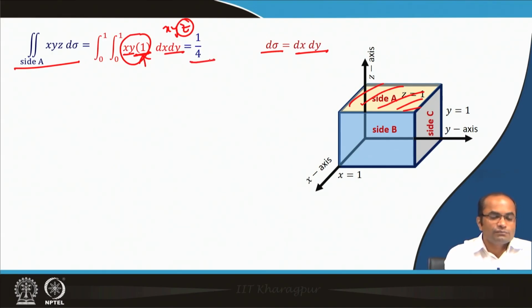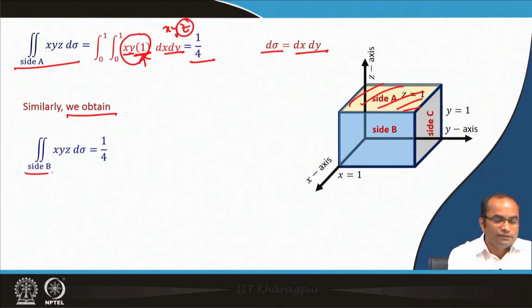So, this integral is 1 by 4, and a similar calculation we can do for side B and side C. Similarly, for side B, when we project on the y z plane, we have dy dz and a similar situation. So, x will be fixed there, but we have y z.